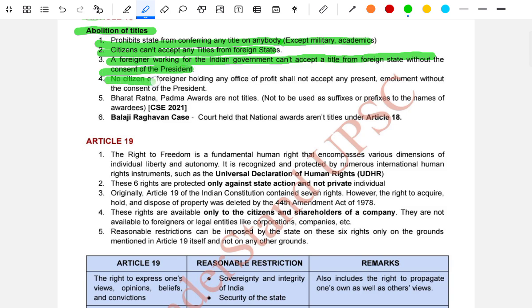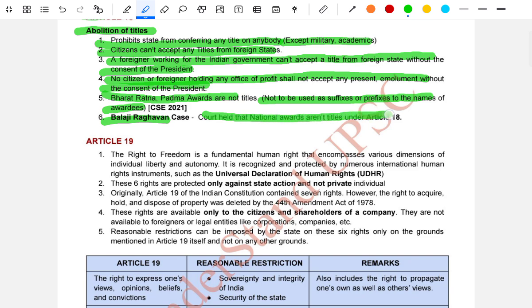No citizen or foreigner holding any office of profit shall accept any present or emolument without the consent of the President. The Bharat Ratna and Padma Awards are not titles and are not to be used as a suffix or prefix to the name of the awardees. In the Balaji Raghavan case, the court held that national awards are not titles under Article 18.